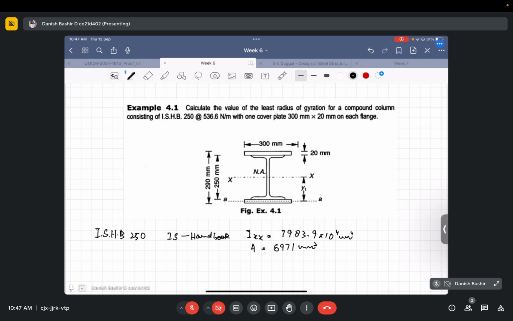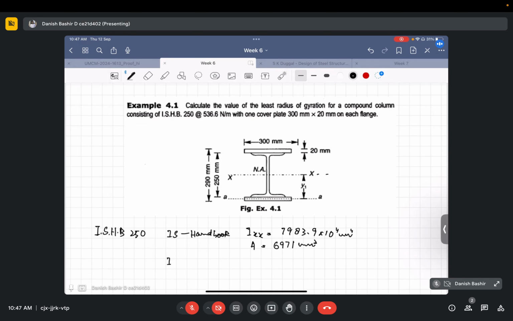One more thing, Ixx about this axis for the plates, because we are calculating the total moment of inertia of the whole section. Since there are two plates, we have to find the moment of inertia of the plate along the AA axis, its centroidal axis, and then we have a distance between the x-axis and the AA axis.